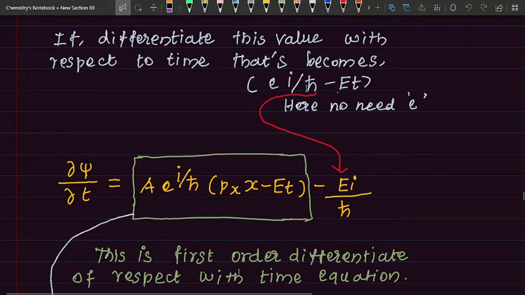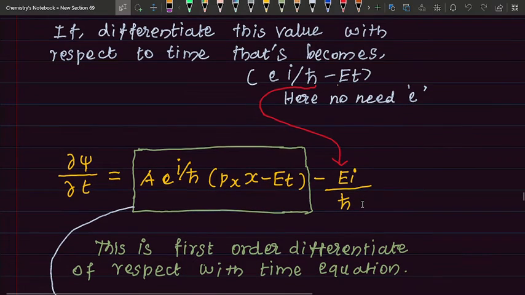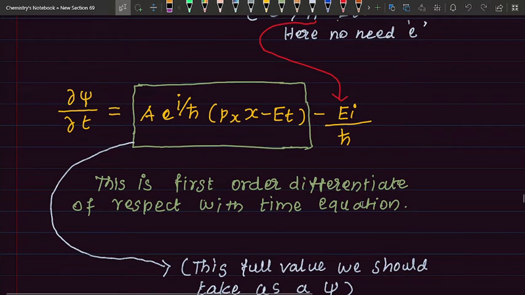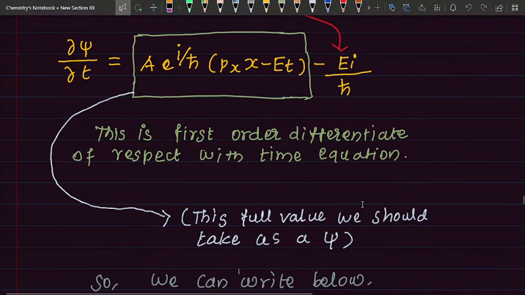This is the first order differentiation with respect to time. This full value we should take as ψ, here also.